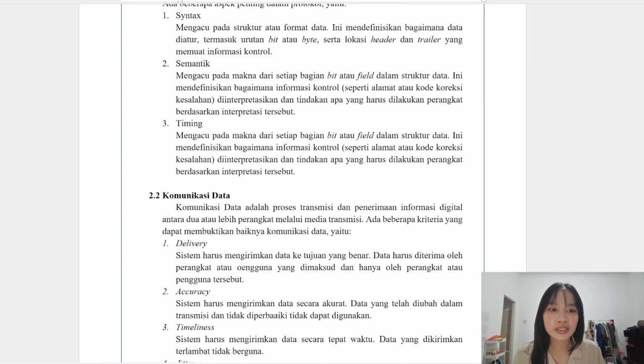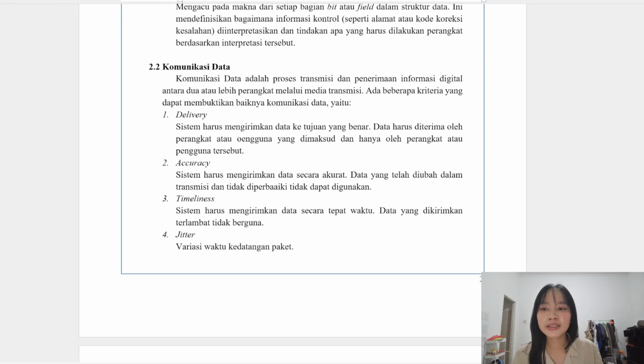And the next material is about data communication. So, data communication is the process of transmitting and receiving digital information between two or more devices via a transmission medium. There are several criteria that can prove the quality of data communication. The first one is delivery, then accuracy, timeliness, and jitter.